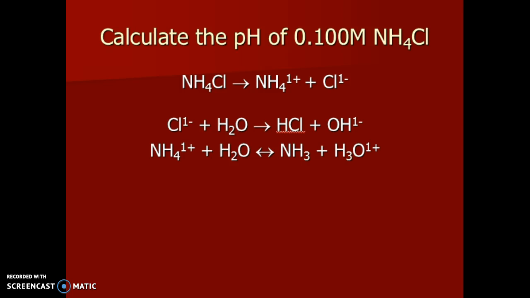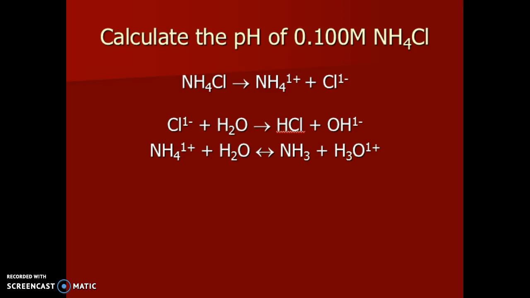However, the ammonium ion with its +1 charge would really like to donate a proton to the water, forming ammonia and hydronium ion. Now we know ammonia to be a weak base, so this in fact is a hydrolysis equation that does work. Notice the double arrow, it does form an equilibrium, and that's what we would need to use to actually calculate the pH of this solution.